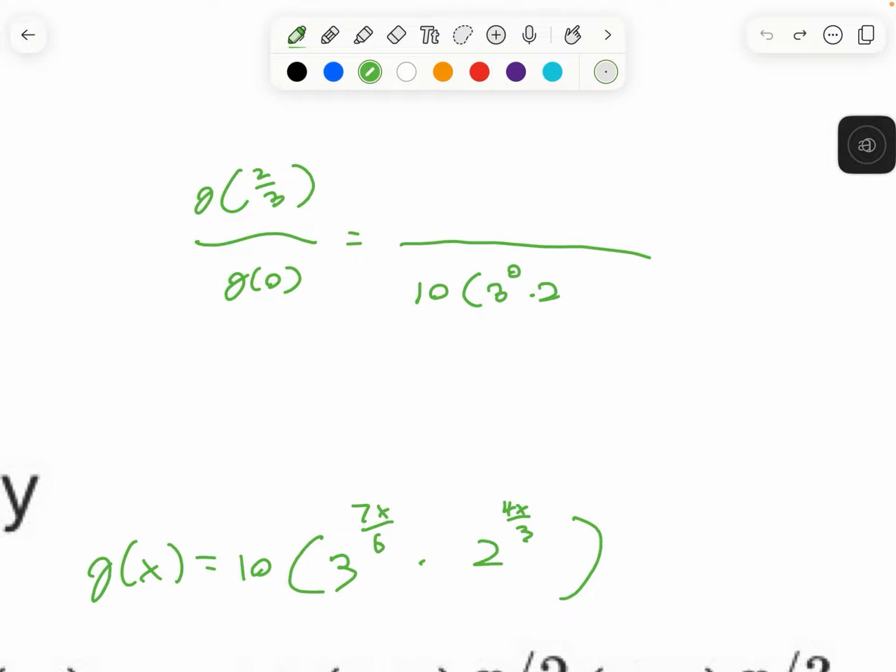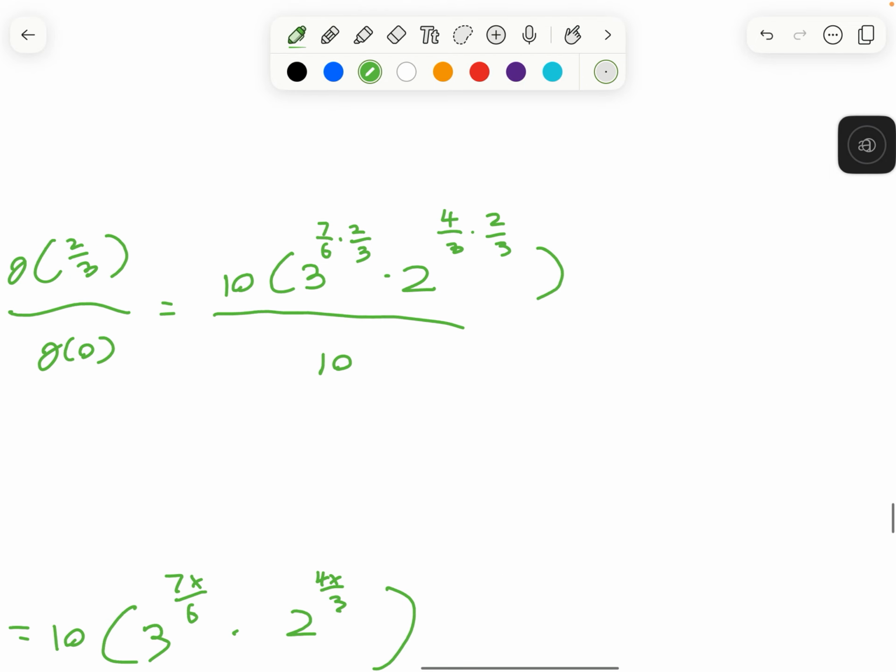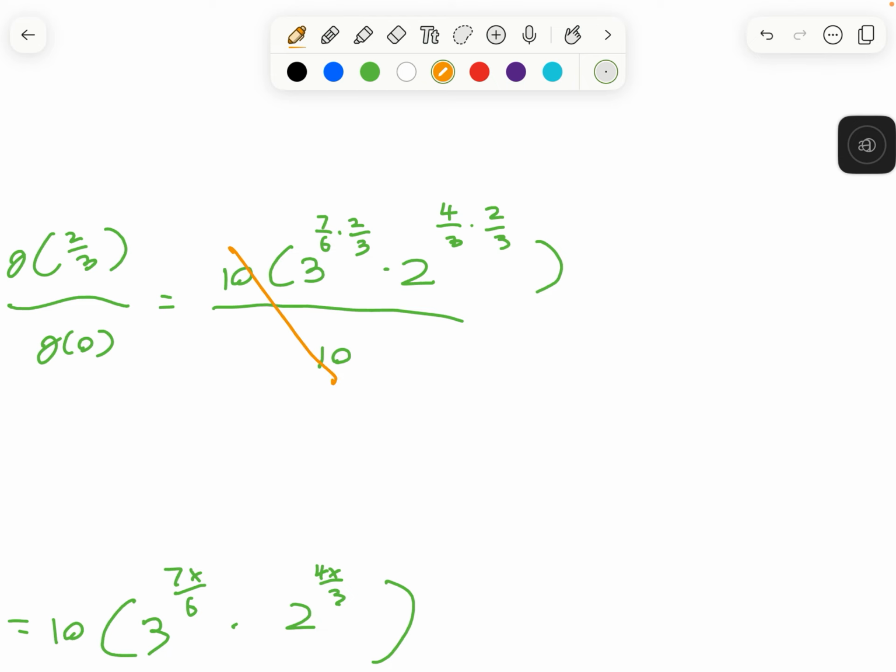That's just 1 times 1, because anything to the 0 is just 1. So we're left with 10 on the bottom for g of 0. On the top, we're left with 10, 3 to the 7/6 times x, which is 2/3 in this case, times 2 to the 4/3 times x, which is 2/3. These 10s cancel out.